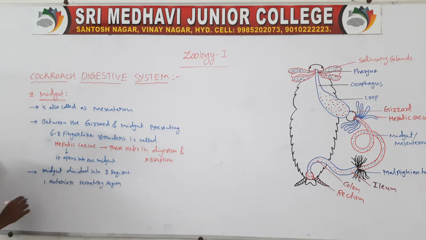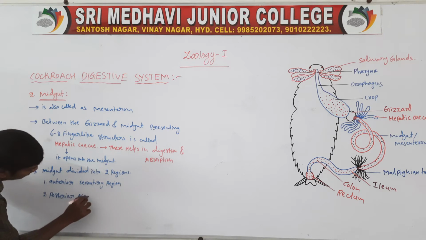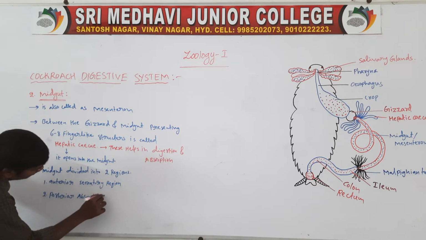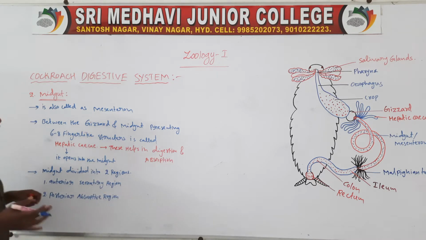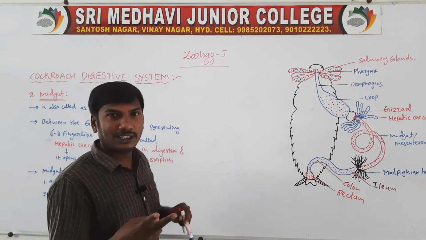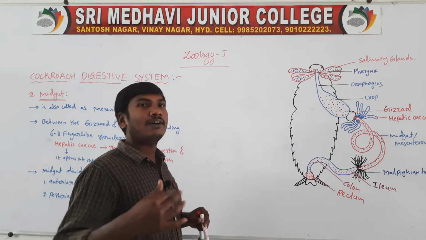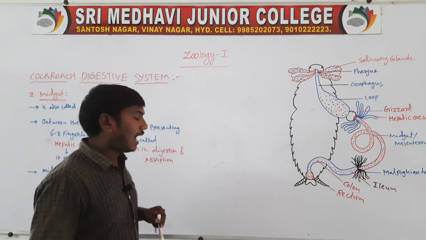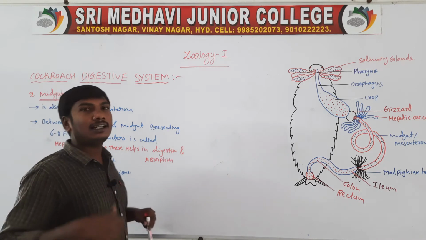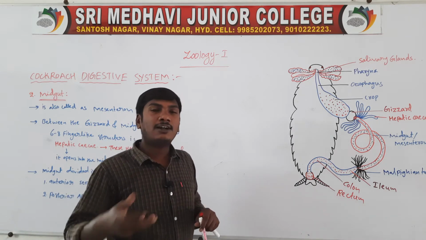Second is the posterior absorptive region. The midgut is divided into two regions or two parts: the anterior region, called the anterior secretory region or secretory part, and the posterior region, called the posterior absorptive region or absorptive part.